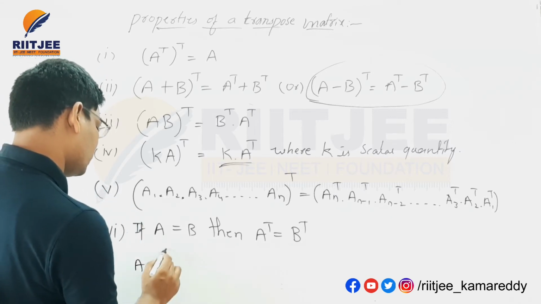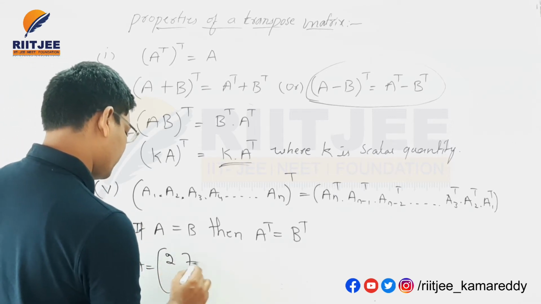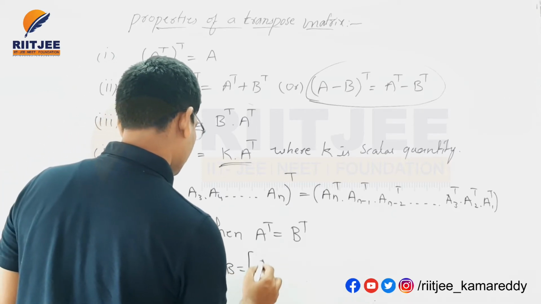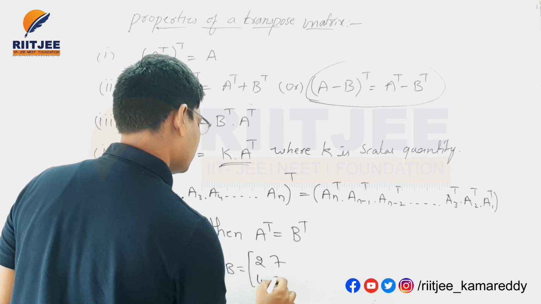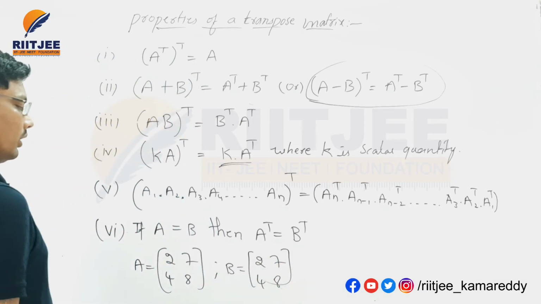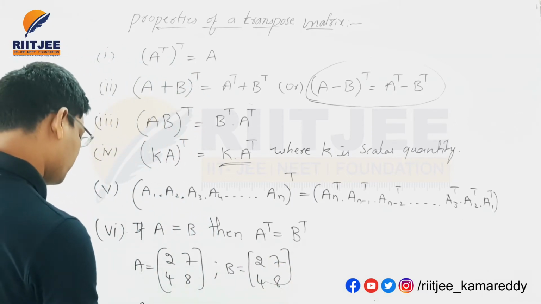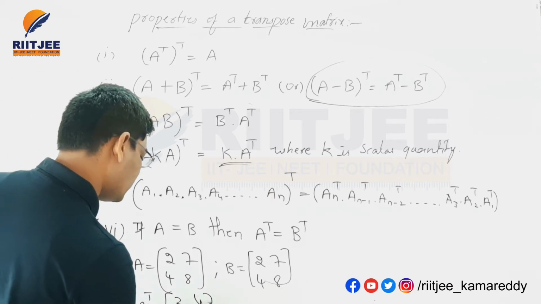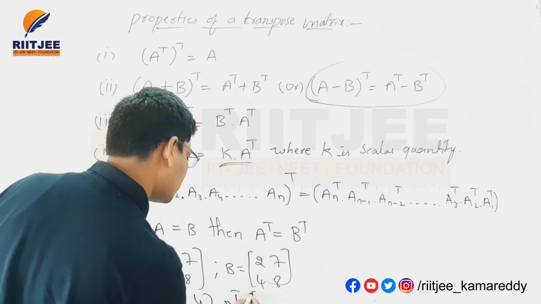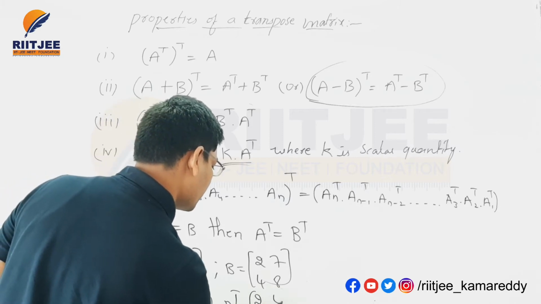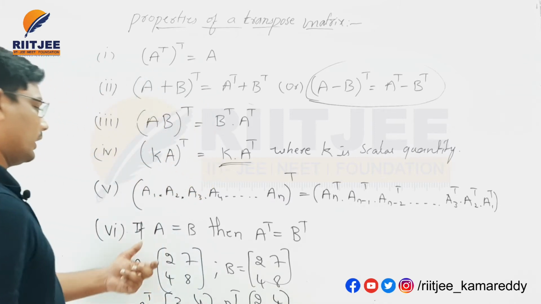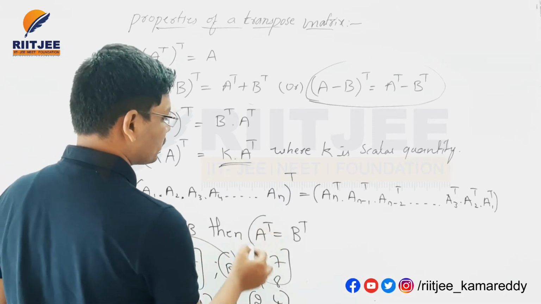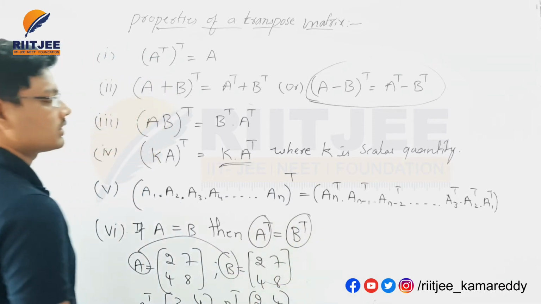A is equal to 2, 7, 4, 8 as well as B is equal to 2, 7, 4, 8. So the transpose of A becomes 2, 4, 7, 8, and then the transpose of B is also the same. If A and B both matrices are the same, then the transpose of A and B are also the same.